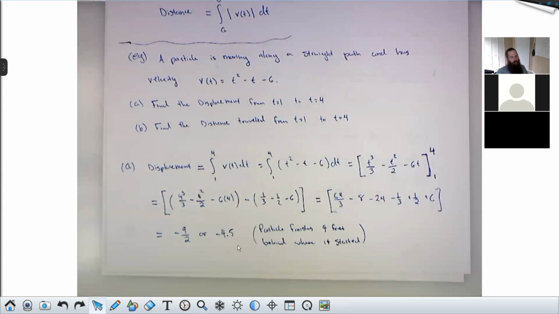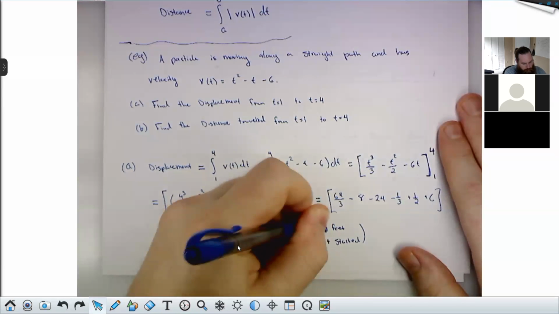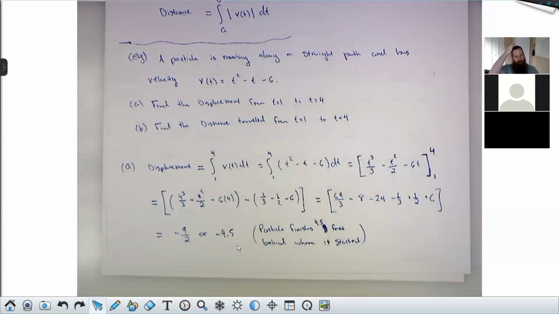That's how we would interpret this. That's what displacement is. So at time t equals 1, we start, we move around a little bit, we finish with displacement negative 4.5, meaning we finish 4.5 feet behind where we started.